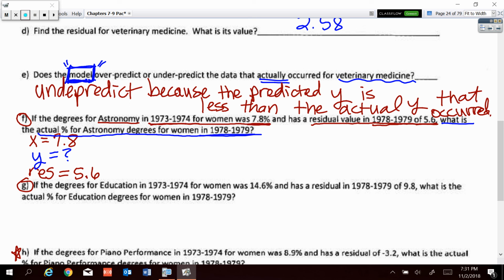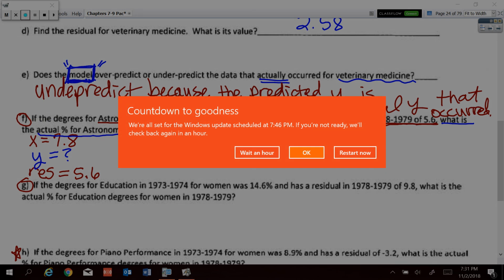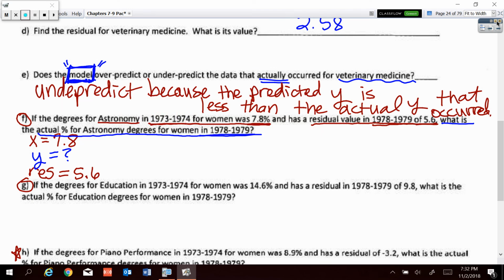Well, we have the residual, and we know the residual relationship is RAP: residual equals actual minus predicted. So residual equals actual y minus predicted y. You should be able to obtain two of those values and solve for y.